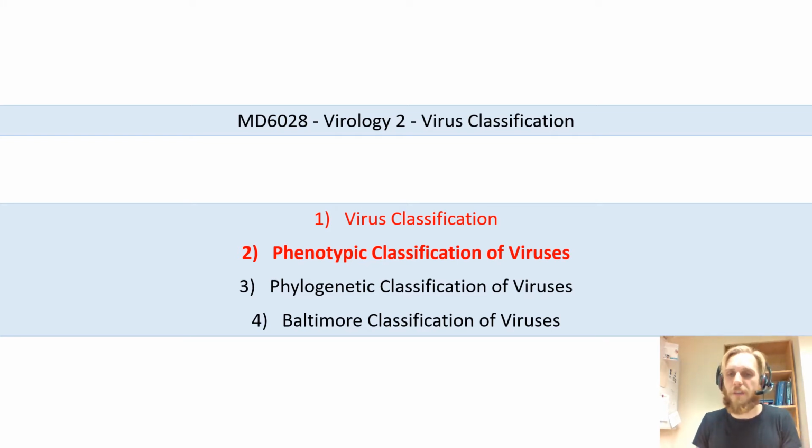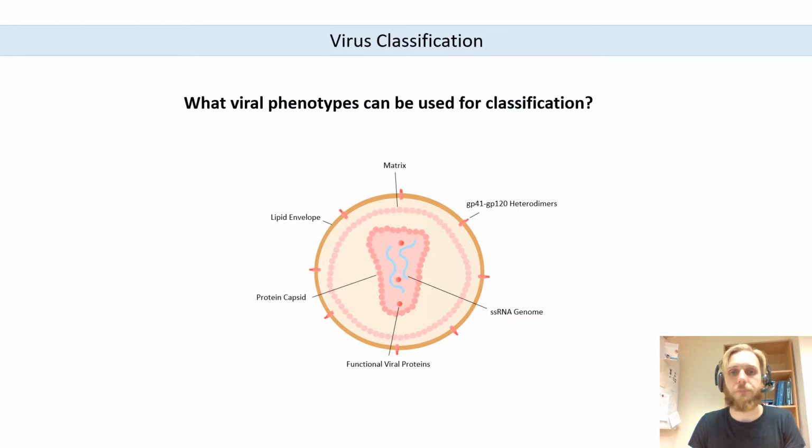Is there a more effective way we can group them? And the answer is yes. We use phenotypic classification. Phenotypic classification is a very different classification system that works for viruses. So all the issues we have with phylogenetic classification are essentially avoided when we use phenotypic classification.